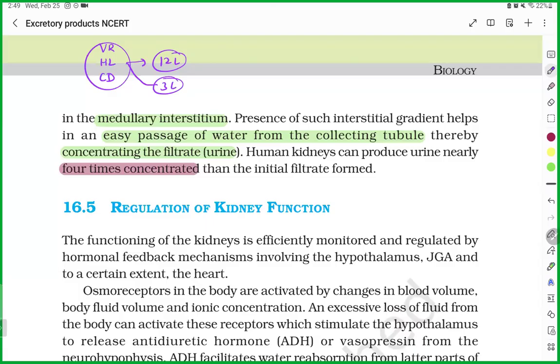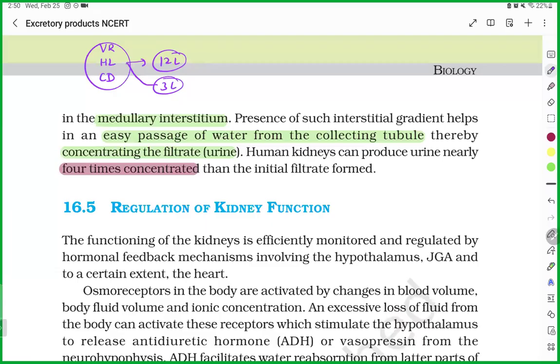Only these two are responsible for saving almost 4 times the concentration. Correct? Only through this. PCT is different, DCT is different.